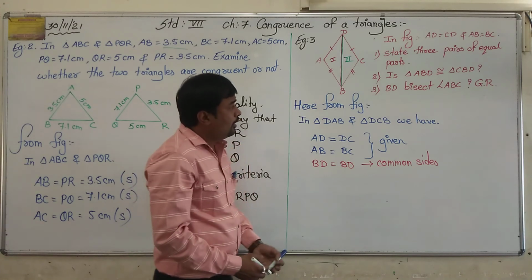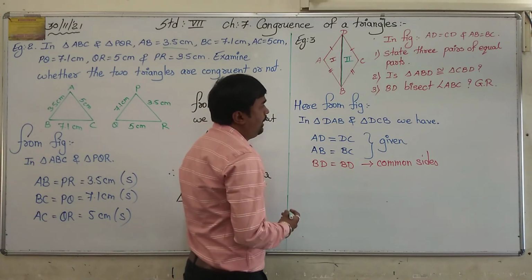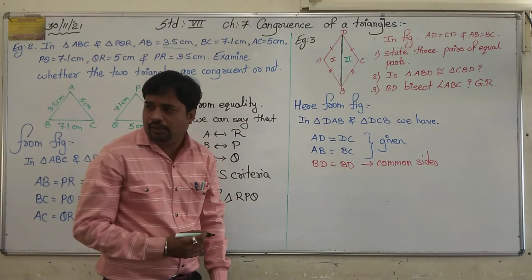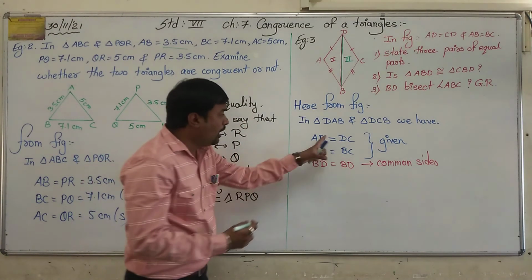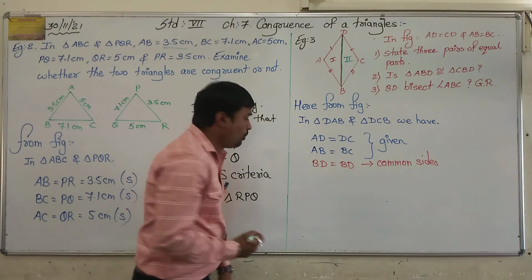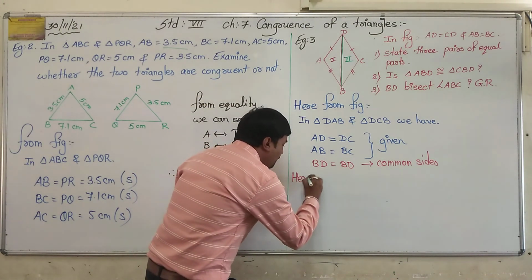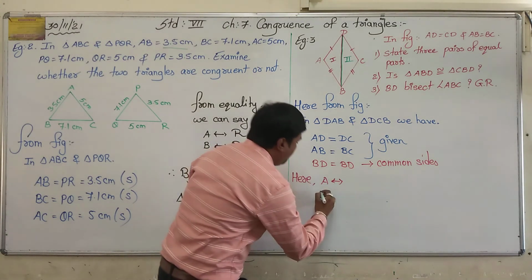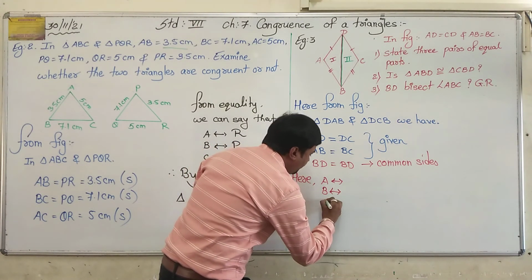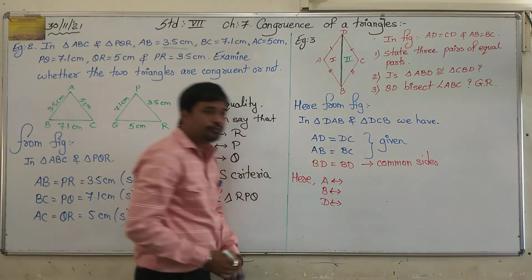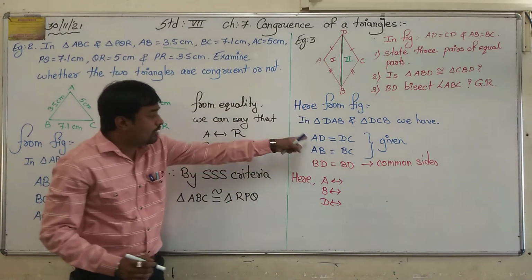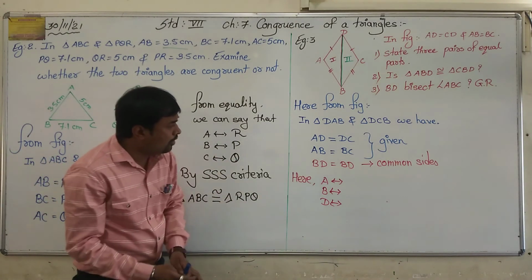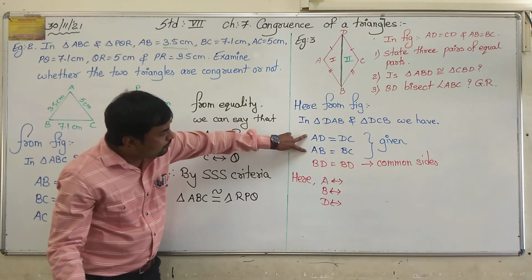Second one, is ABD congruent to CBD? So here from equality, we can say that A corresponds to, B corresponds to, D corresponds to. Right? Since there is equality, the correspondence comes. Let's see, what is common over here?